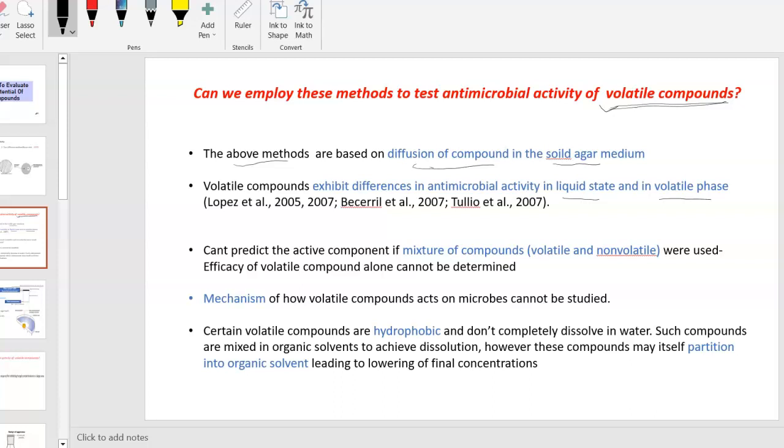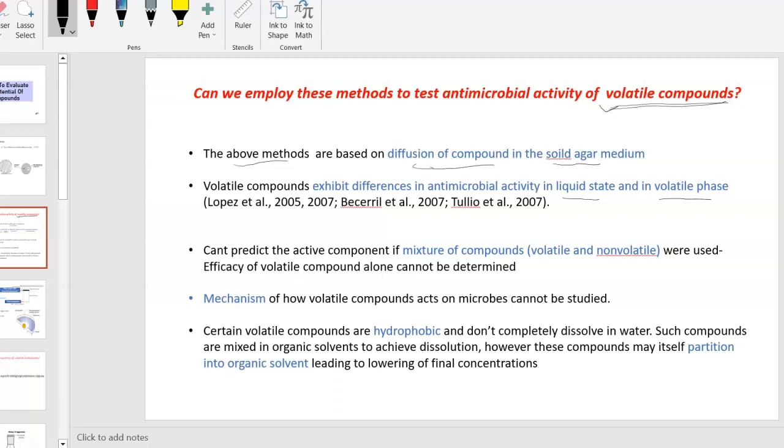So we can't expect them to exhibit the same kind of antimicrobial activity in liquid state as well as in their volatile phase. A special technique is required to determine the antimicrobial activity of volatile compounds, especially when they are in their volatile phase.